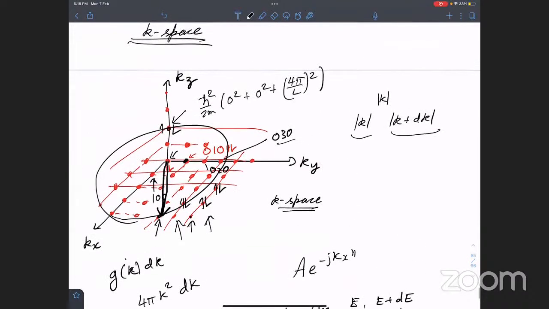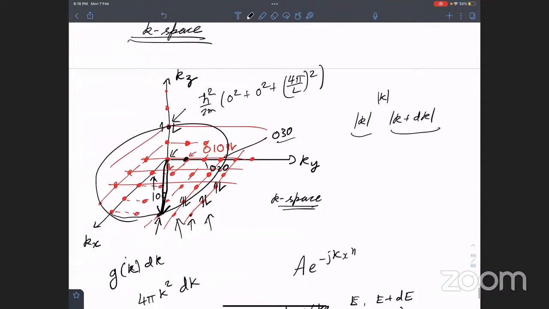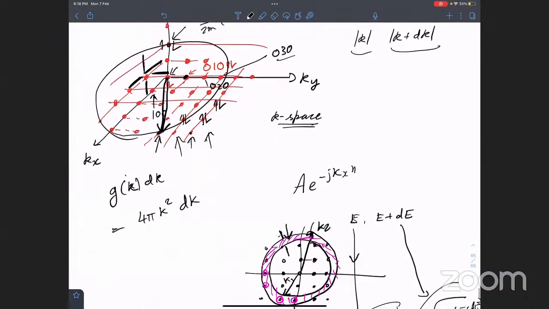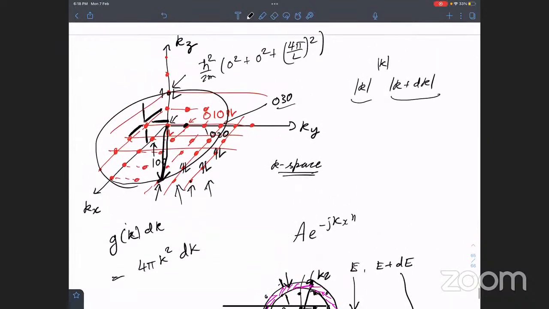Now, if you look at each of these dots, the distance from this dot to this dot is 2 pi by L. This distance is 2 pi by L, this distance is 2 pi by L, from here to the bottom one is 2 pi by L. That means I can conclude that the volume occupied by one red point, one red dot in k space, is (2 pi by L) cubed.